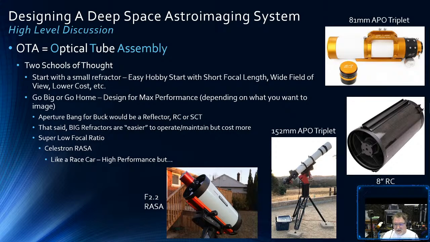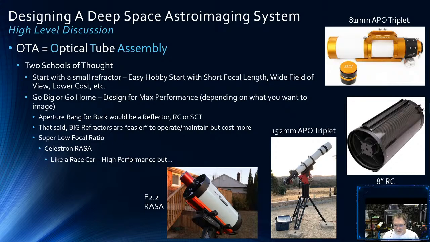And the biggest aperture bang for the buck is going to be some type of reflector. And the most popular ones for imaging are either RCs or SCTs. Now we can talk about the variations of those and imaging Newtonians and whatnot, but for my money, RCs are the biggest bang for the buck, and then SCTs are quite popular as well.